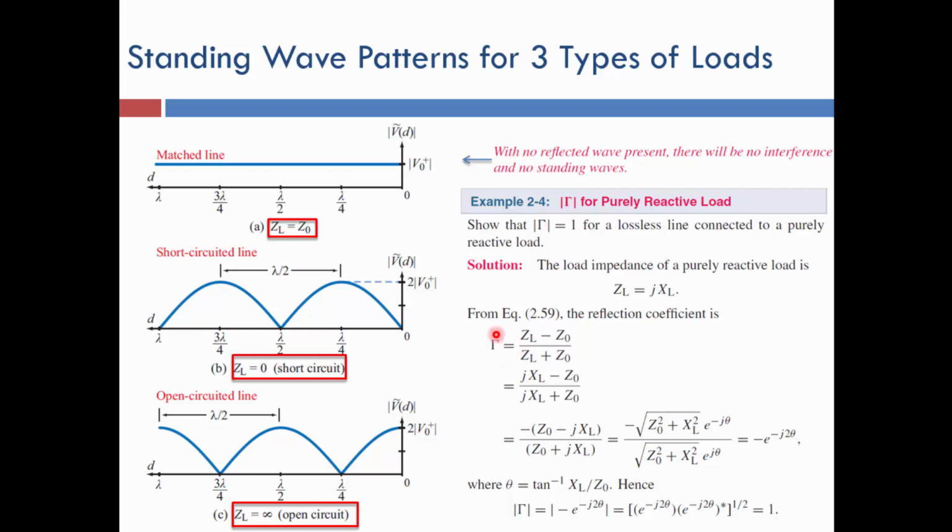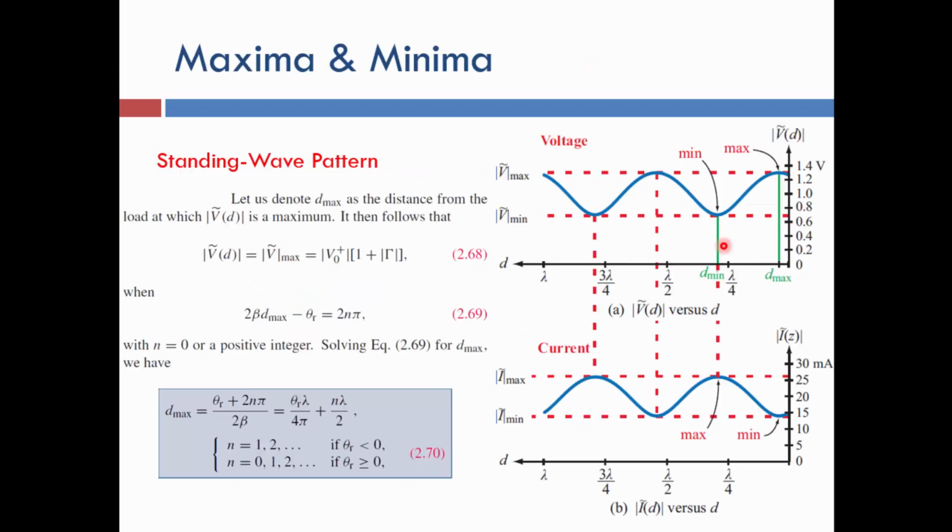The value of the reflection coefficient is confined between 0 and 1. 0 is for the matching case, because Z load is equal to Z naught, so this formula will result in 0, and 1 is for maximum reflection if we have a short circuit, an open circuit, or a purely reactive load. This is for the reflection coefficient.